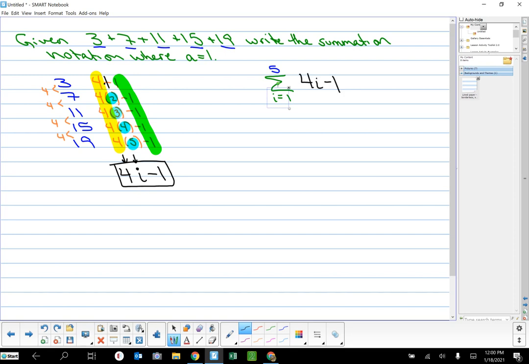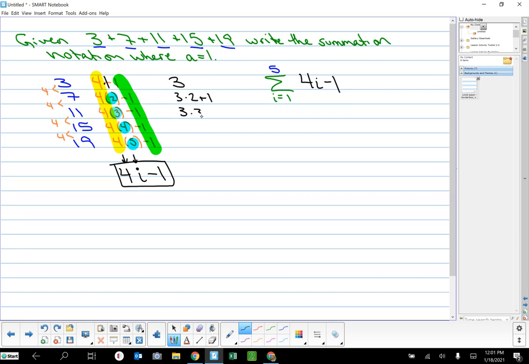But at first I looked at it and thought, oh, they're all odd. They're not all prime. I went through this whole process: are they multiples of 3? Well, first I started with 3, and then 3 times 2 plus 1 is 7.